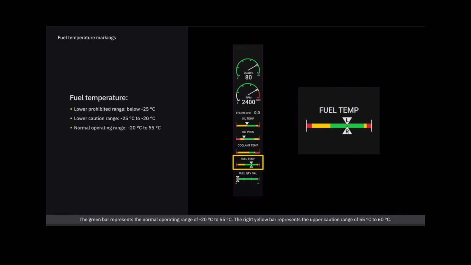The green bar represents the normal operating range of -20 degrees Celsius to 55 degrees Celsius. The right yellow bar represents the upper caution range of 55 degrees Celsius to 60 degrees Celsius. The right red bar represents the upper prohibited range above 60 degrees Celsius.